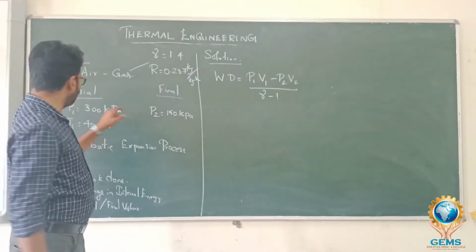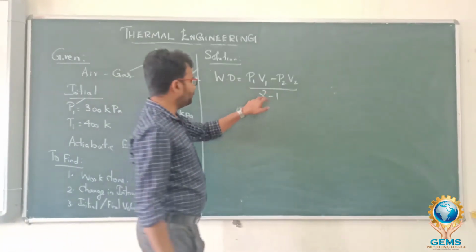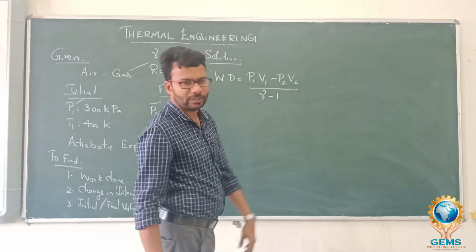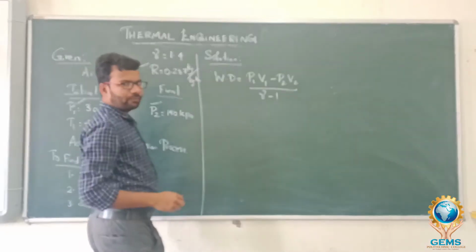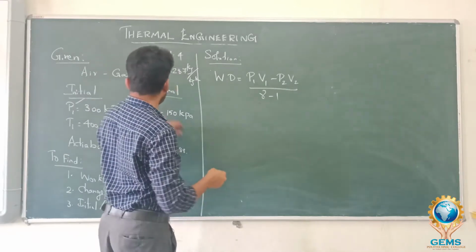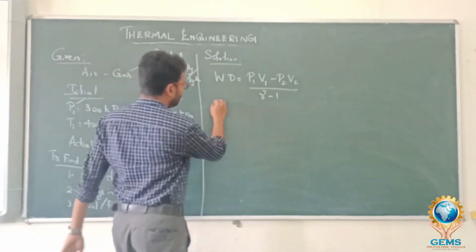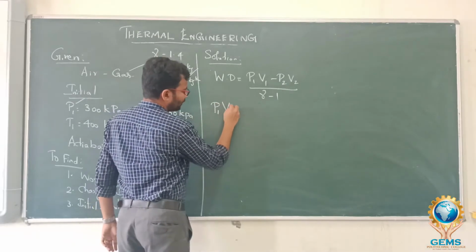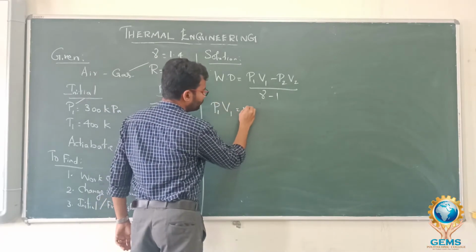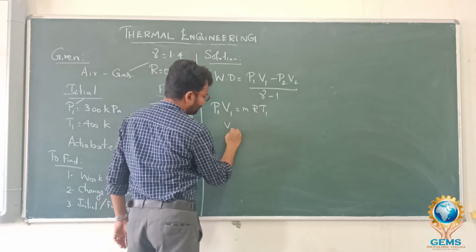In this question we have P1, P2 and gamma, but V1 and V2 are not available. For that we have to find V1 and V2. Since initially the gas is in the ideal gas condition, we use the ideal gas equation, PV equals mRT1. From this we can find V1.